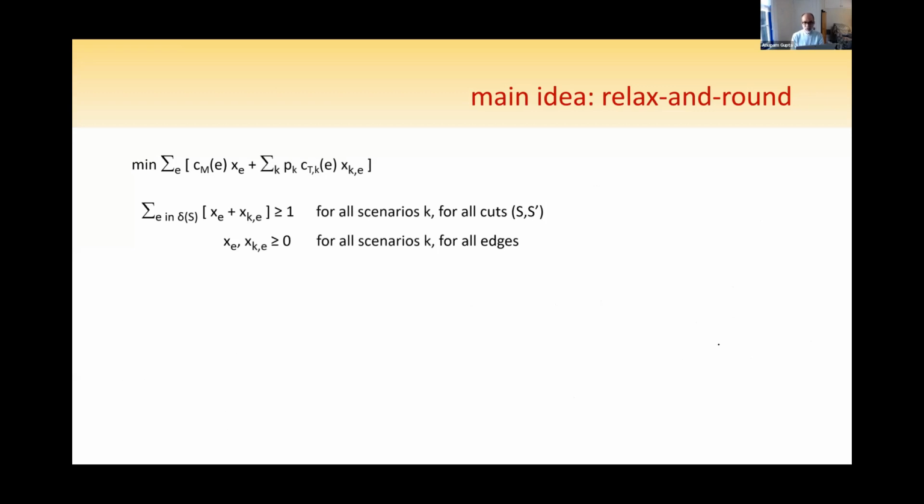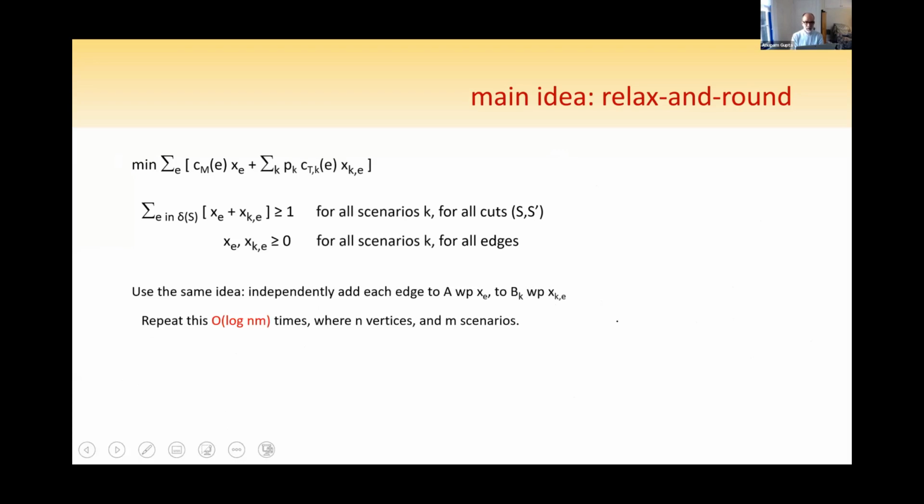And once you know how to do this just for the non-stochastic version, you can extend this to the stochastic version. For every edge, add it to the first stage with probability x_e, and to the kth scenario of the second stage with probability x_k. And repeat this log of mn times, where now I'm using little m as the number of scenarios.